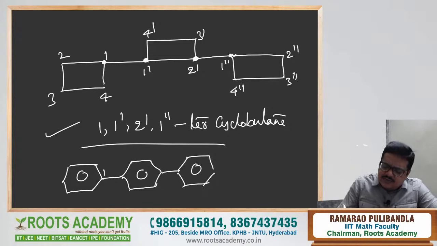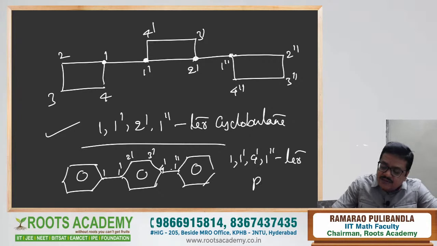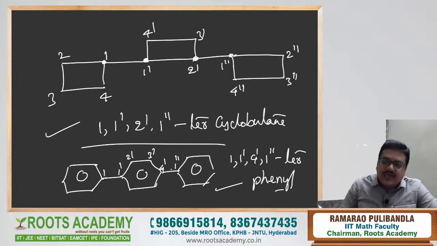This is 1 dash, 2 dash, 3 dash, 4 dash, 1 double dash. Now 1, 1 dash, 4 dash, 1 double dash, ter-phenyl, terphenyl. Understood?